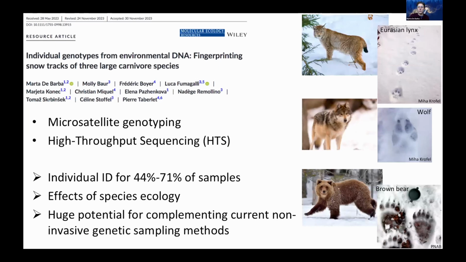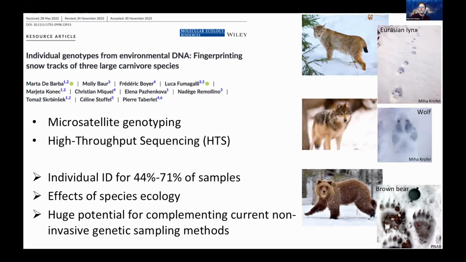We were able to genotype at the individual level snow track eDNA from 3 large carnivores. To do this, we used an approach based on the new high throughput sequencing technologies, which we believe gave us greater power to retrieve and analyze the low quantity DNA from snow track samples.